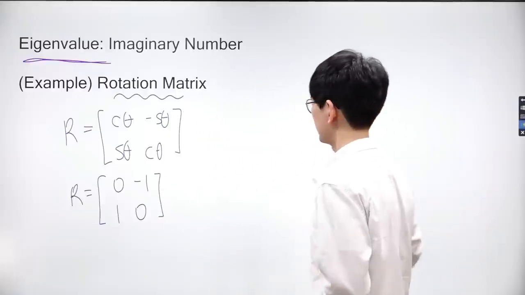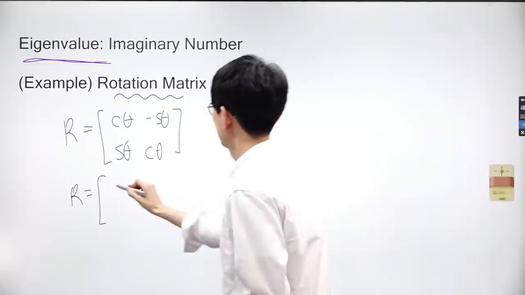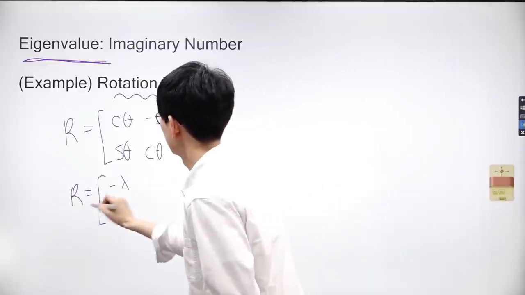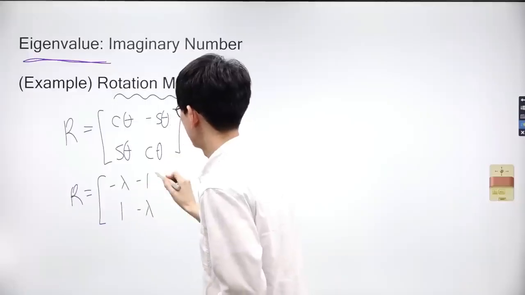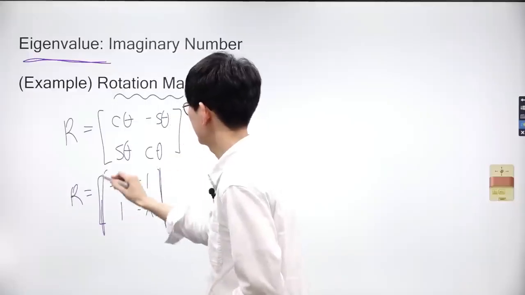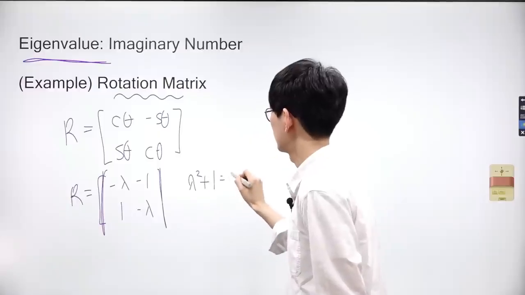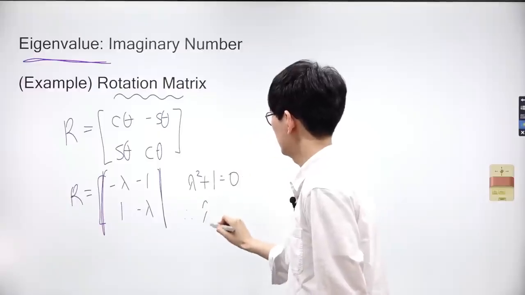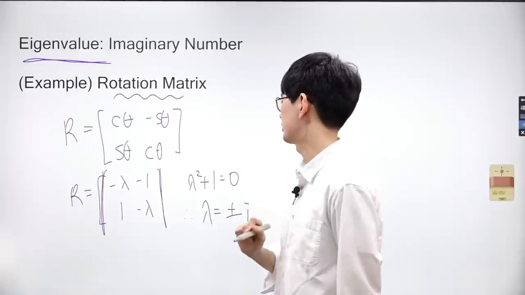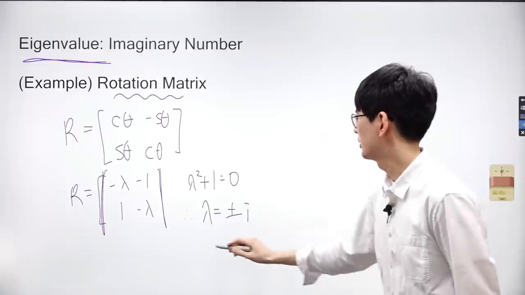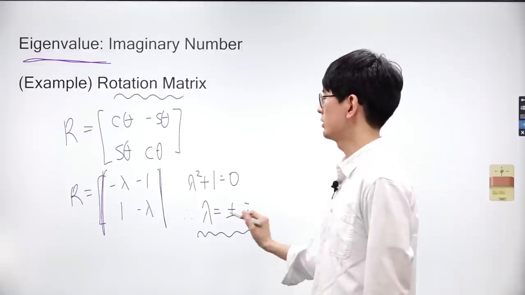Subtracting lambda I from the matrix gives R minus lambda I with values negative lambda, -1, 1, and negative lambda. The determinant of this matrix is lambda squared plus 1. To make the determinant 0, lambda must be either positive i or negative i. Thus, lambda is an imaginary number.